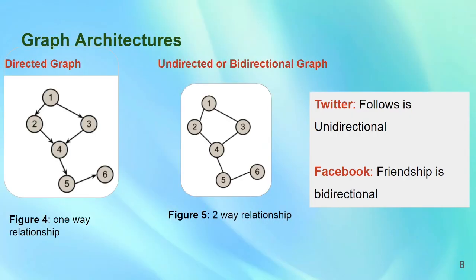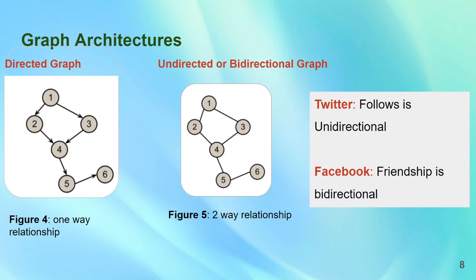We have two types of graph architectures, directed graphs and undirected graphs. Directed graphs have edges with one direction, indicating a one-way relationship. On the other hand, in bidirectional graphs, we have edges that imply a two-way relationship. To understand more, let's give an example.